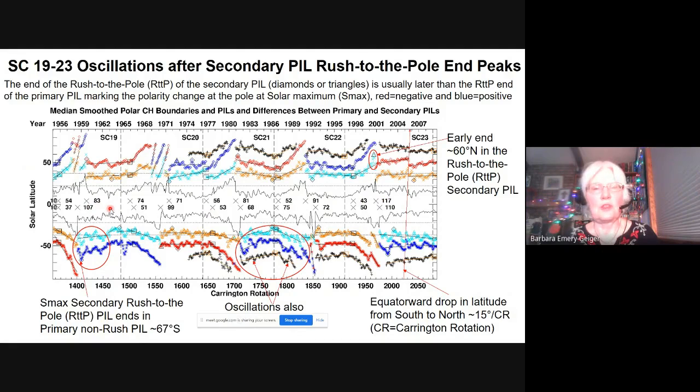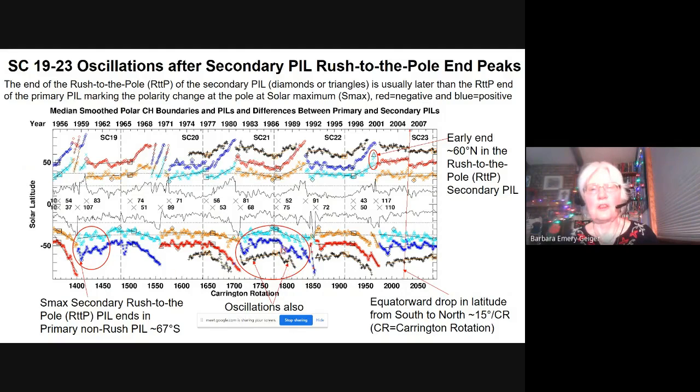So some of the things we see is we see this solar max secondary rush to the pole ends at 67 south. This is the highest it goes in all of these 5 solar cycles.